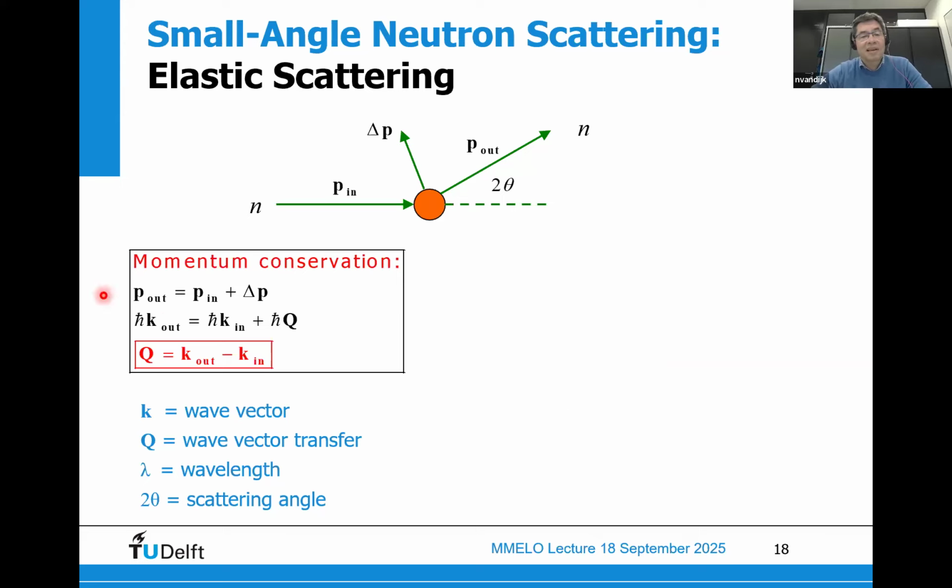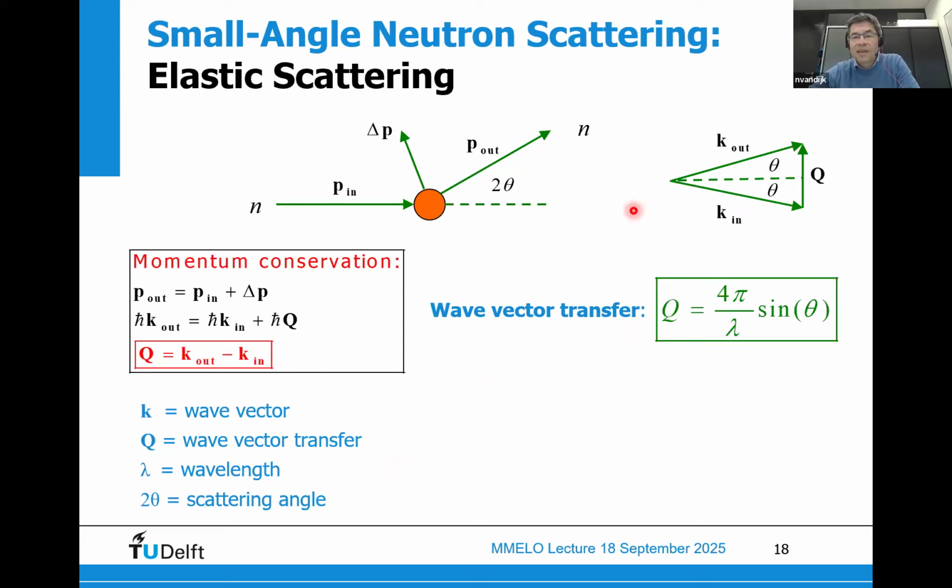So we have this balance, where the momentum transfer is related to the difference in the two momenta. That can be translated into a wave vector k, which is the spatial frequency, and the difference is what is called the wave vector transfer.